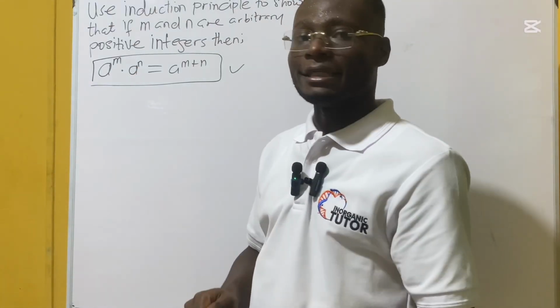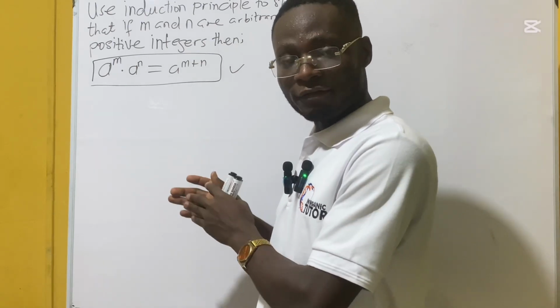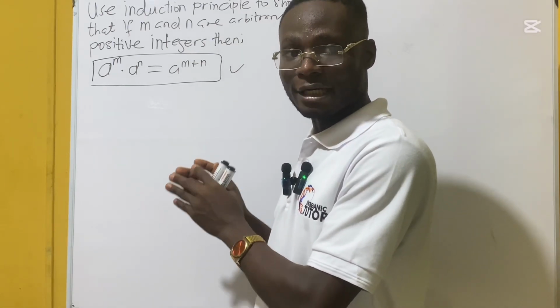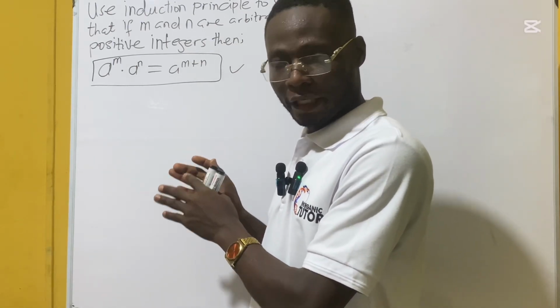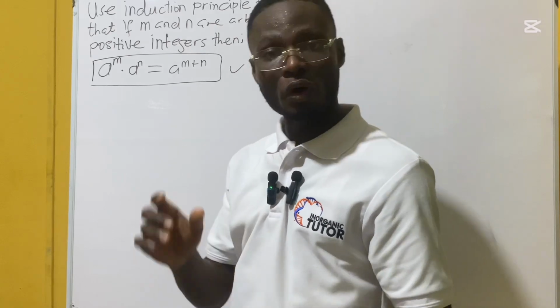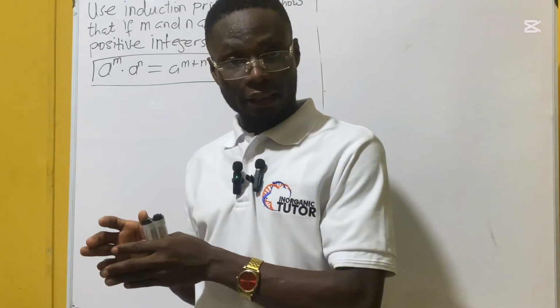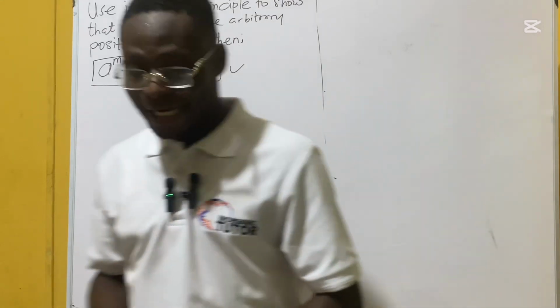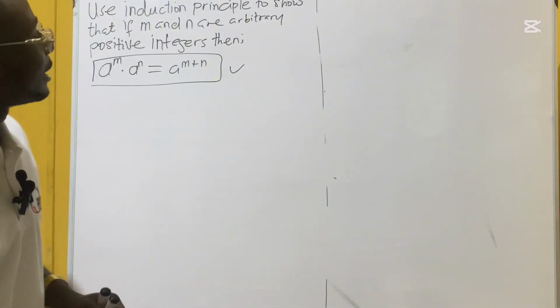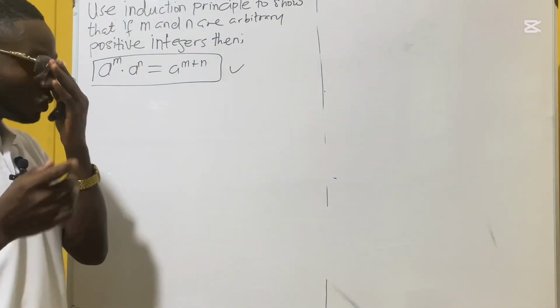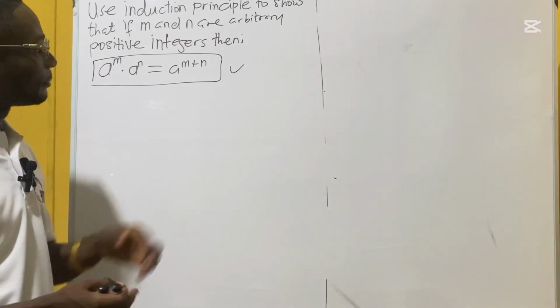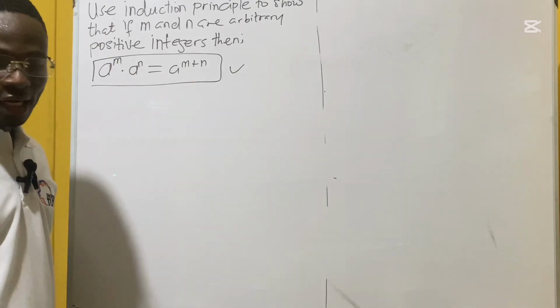Okay, and if it holds for m equal to k for any arbitrary constant, then it will also be true for when we have k plus 1. Okay, so let's try this knowledge and see if it's going to hold for this particular information we are having right here.